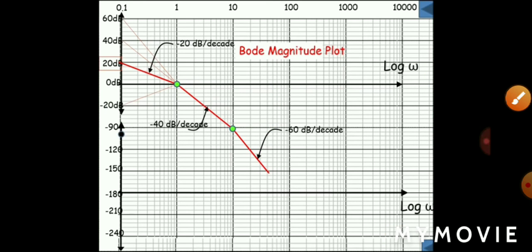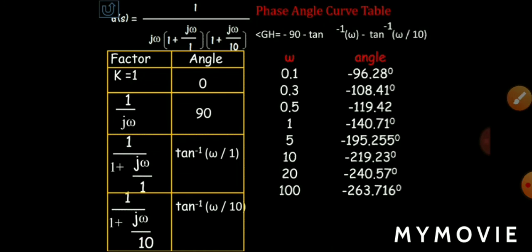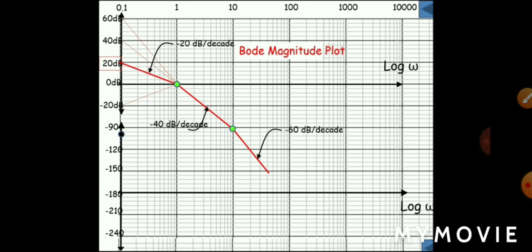So put those values for 0.1. Then for 0.3 it is minus 108.41, for 0.5 like that.